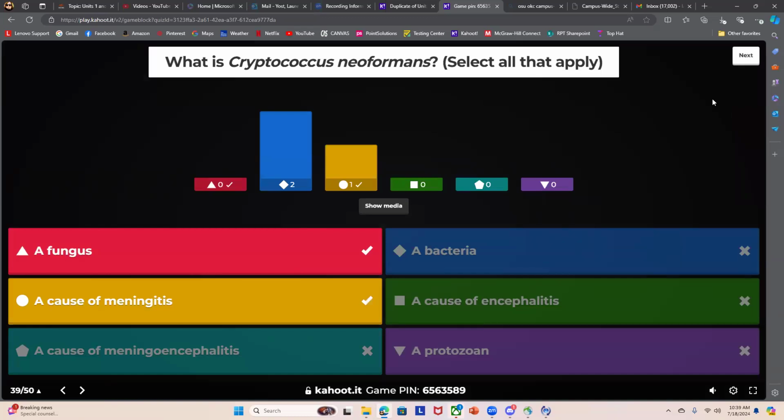So Cryptococcus neoformans is a fungus. The reason I had the pigeons in the picture is that it is spread in pigeon feces. It is a cause of meningitis. More commonly, we see this in the immunocompromised homeless population. A lot of times they're going to be HIV positive.